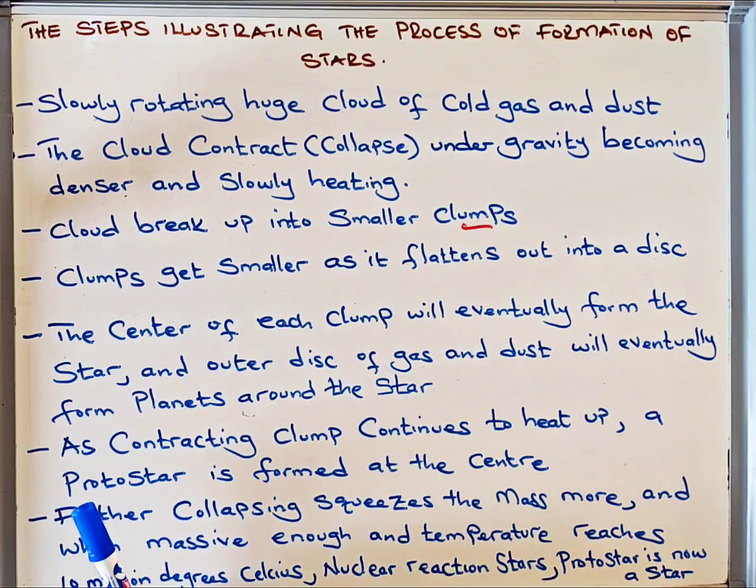As the contracting clump continues to heat up, a protostar is formed at the center. Further collapsing squeezes the mass more, and when it is massive enough and the temperature reaches 10 million degrees Celsius, a nuclear reaction starts. And at this phase, the protostar is now a star.